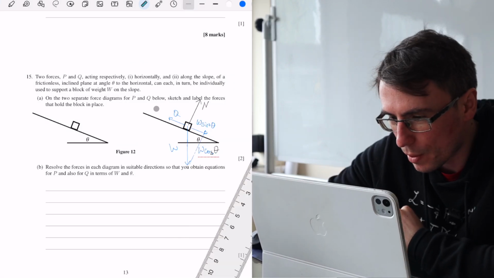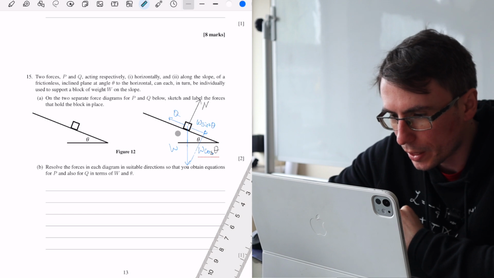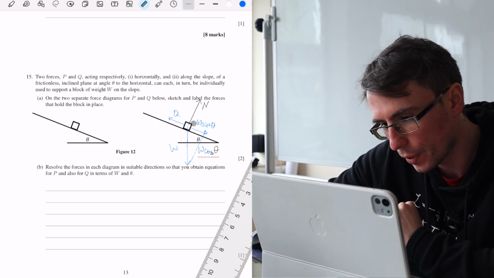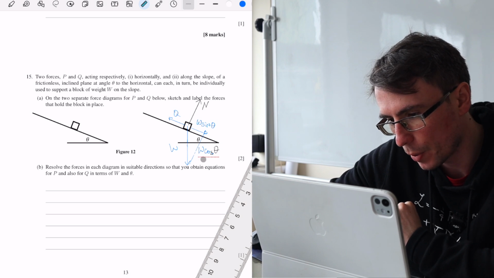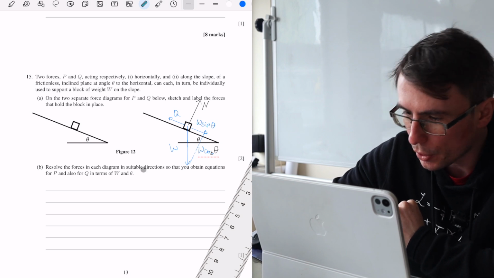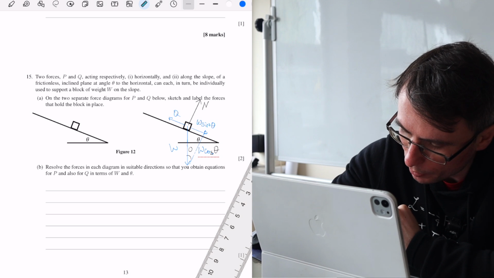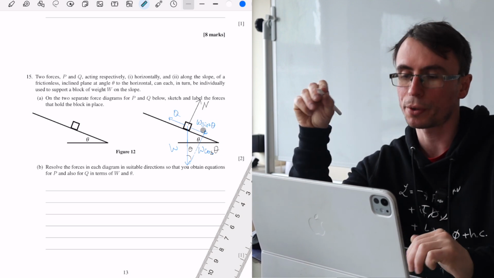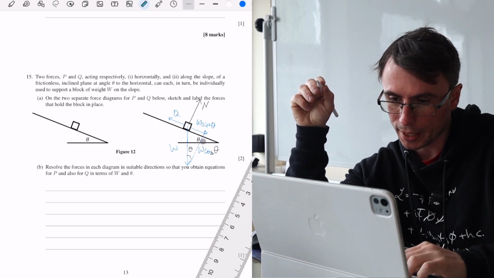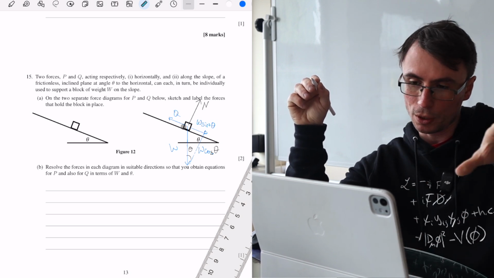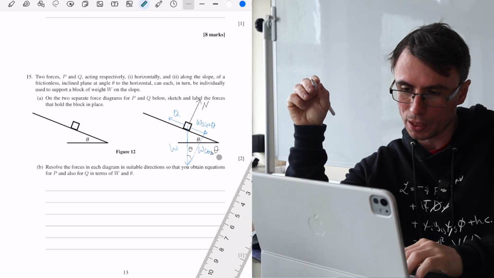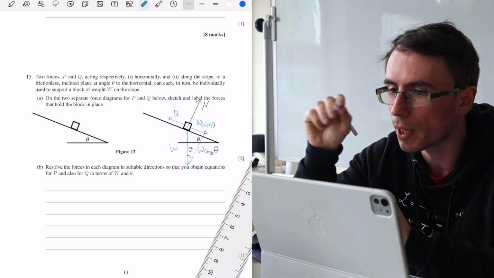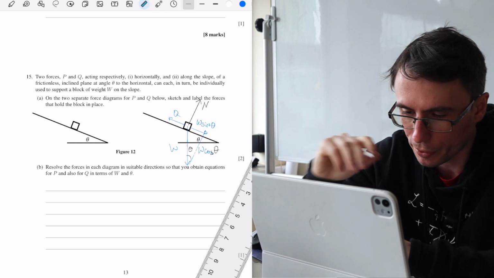So here we have our diagram for the second case. We have the weight W split into its components, and W sine theta, because this angle ends up being theta right over here, is the component of the weight that's balancing out the force along the slope Q. W cos theta will be equal to the normal reaction. We can do the same if we had a horizontal force.